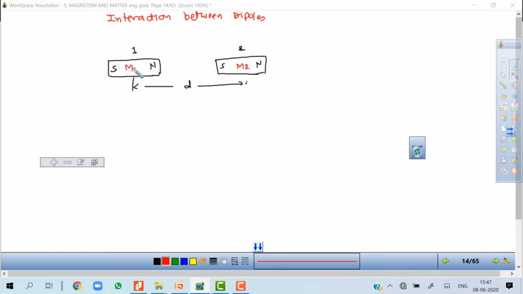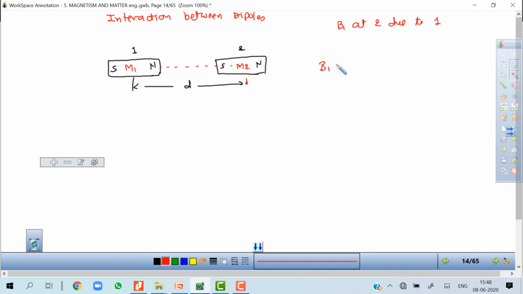So now suppose I have two magnets, 1 and 2, with magnetic moments m1 and m2, and the distance between their centers is d. Okay, so how do they interact? First, the magnetic field of magnet 1 will be produced at magnet 2 along the axis. So B at 2 due to 1, I say it is b1.